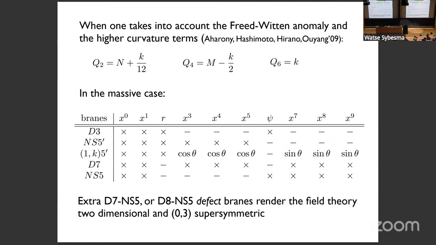In ABJM, they were just stretching between NS5 prime branes along the psi direction, but now, once we introduce our defect branes, they are also stretching in this R direction between NS5 branes. So these are constructions in which your color branes are like extensions of Hanany-Witten constructions: your color branes are stretched between perpendicular sets of NS5 branes, the NS5s and the NS5 prime branes.